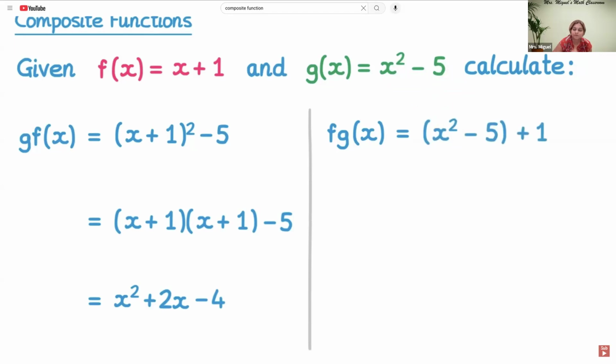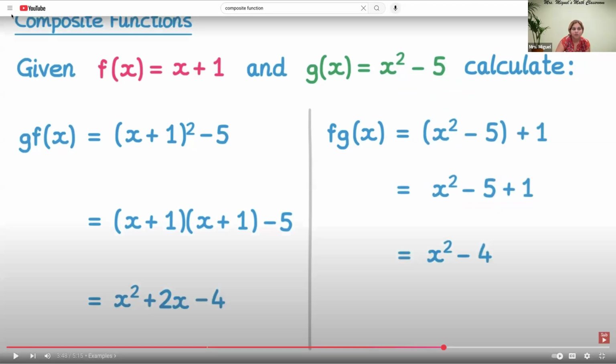Now we can simplify this one as well. So we have x squared minus 5, and we don't actually need the brackets here, and then plus 1. The negative 5 plus 1 would simplify, so we end up with x squared, take away 4. I just want you to look at the screen and look at the difference between the two.